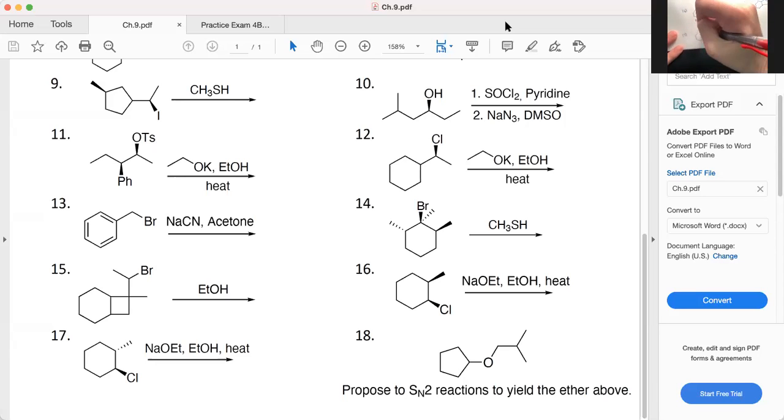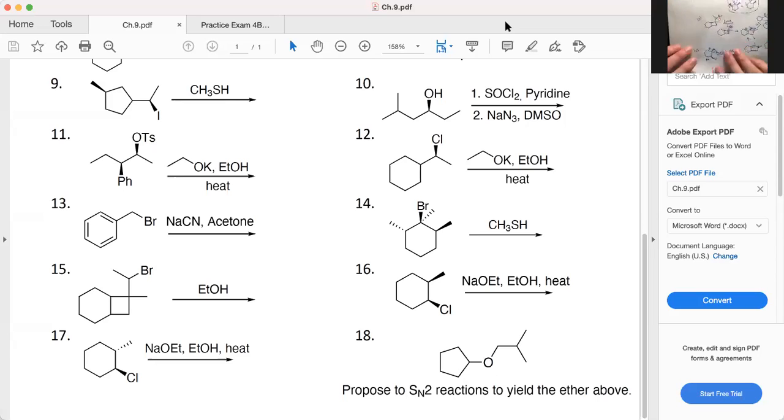However, we don't have a proton that's in the right spot. So that means we actually are going to get the Hofmann product, although we're predicted to get the Zaitsev. So the only option is to remove the proton from this beta position to get this chiral alkene product. All right, so that's that.